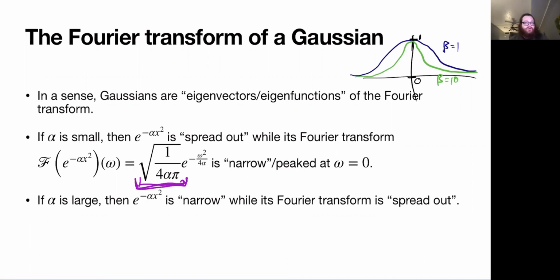So there's an interesting duality going on with this Fourier transform. It sends Gaussians that are spread out in space to Gaussians that are localized in frequency. And likewise, if a Gaussian is localized in space, then the Fourier transform is going to send it to a Gaussian that's spread out in frequency.